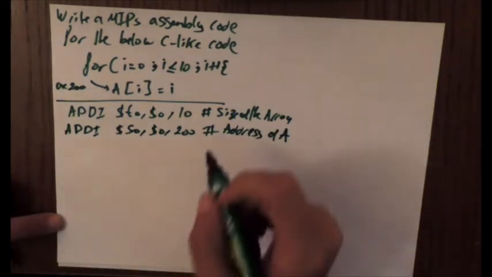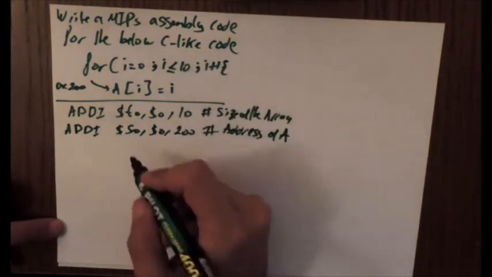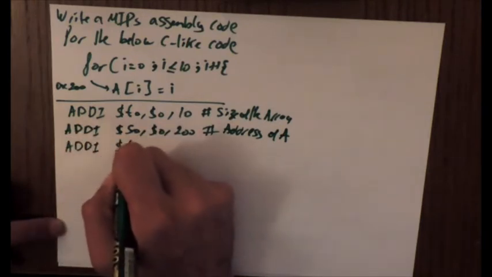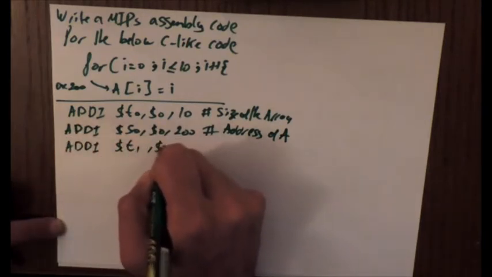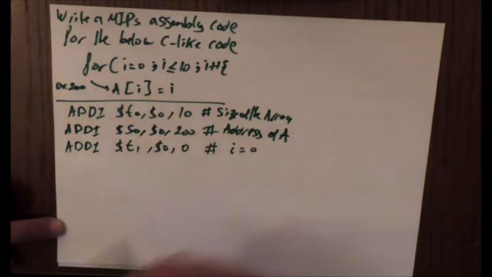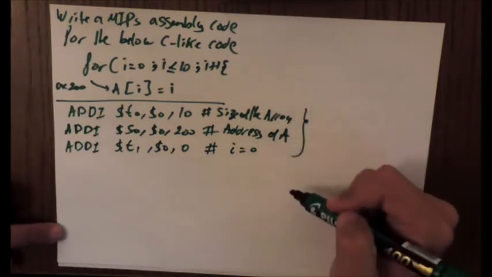Now for this I need now to introduce the variable i. So I'm gonna say addi $t1, $0, 0. So this is i equals 0. Now here I set up my variables. So the first step is just setting up your variables.